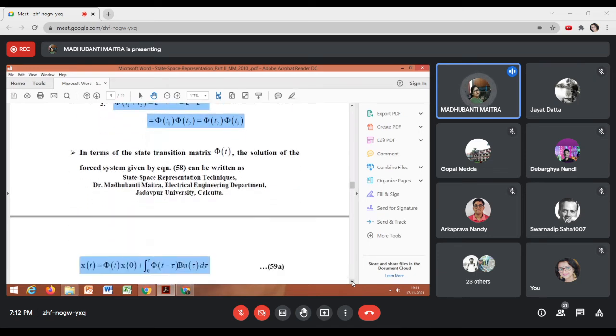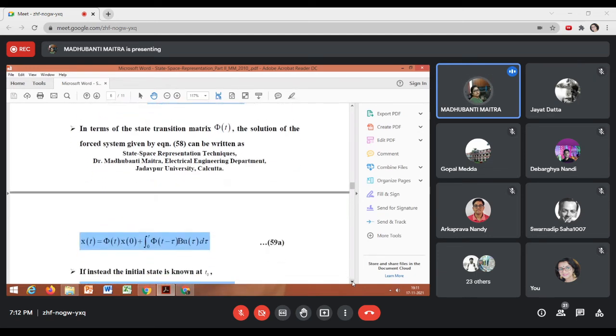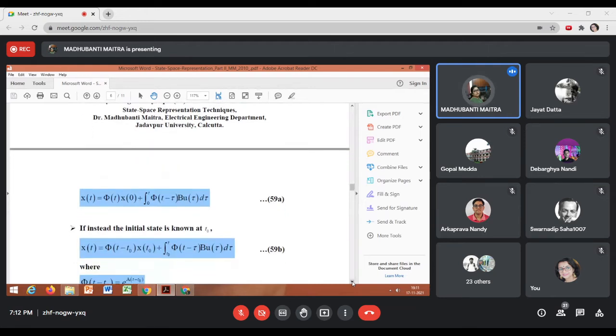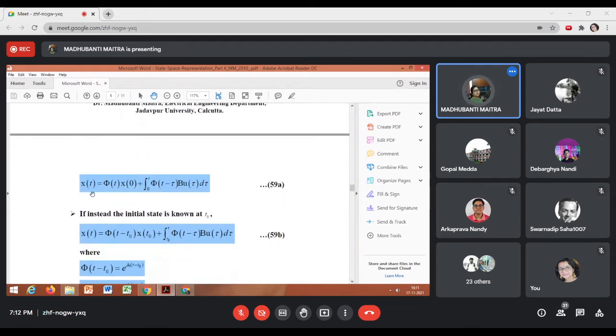And in terms of the state transition matrix, the solution can be written in this form: x(t) is equal to Φ(t) into x0 when the initial time is 0, plus the integral from 0 to t of Φ(t-τ) B u(τ) dτ. Only e^(At) has been substituted by Φ(t).